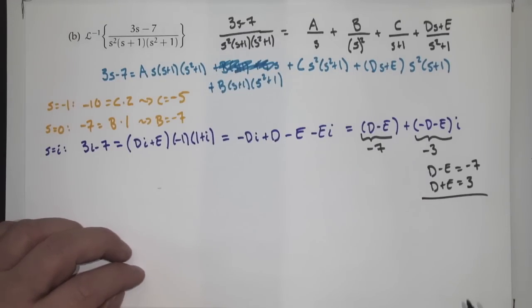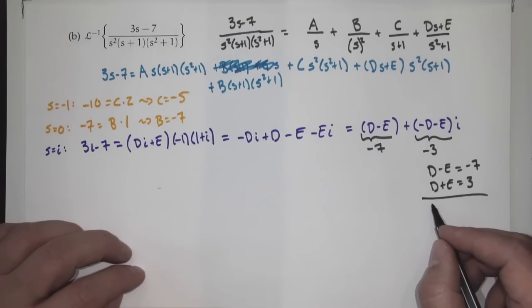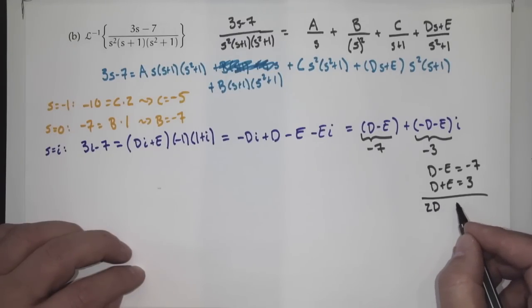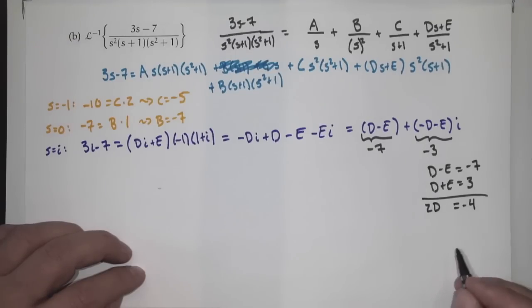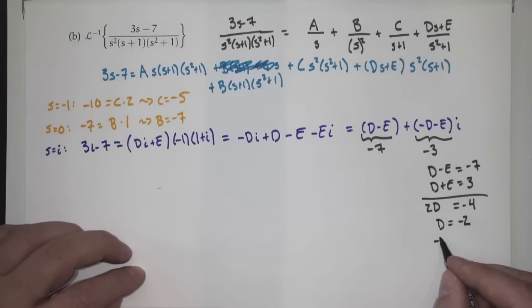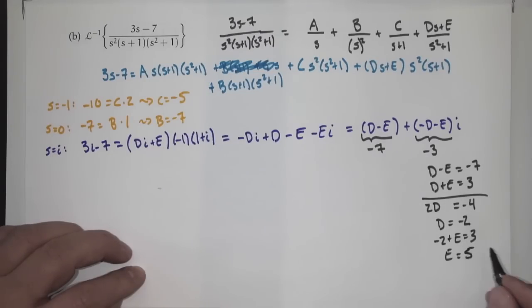What do you get? 2D is equal to negative 4. So what is D? Negative 2. All right. So negative 2 plus E is positive 3. So what is E? E is 5.